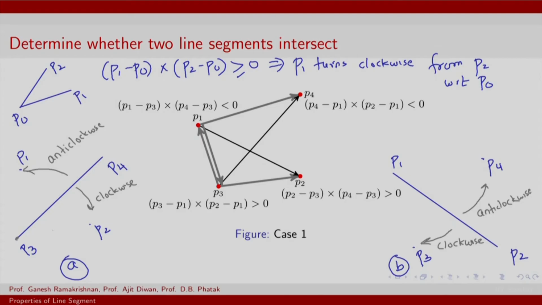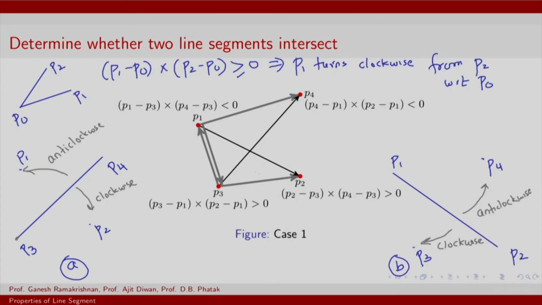In other words, we would expect the signs of the cross product P1 minus P3 with P4 minus P3 to be exactly opposite to that of P2 minus P3 with P4 minus P3. This has been depicted in this picture.